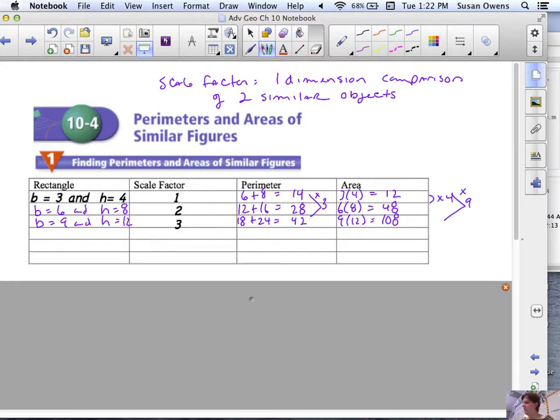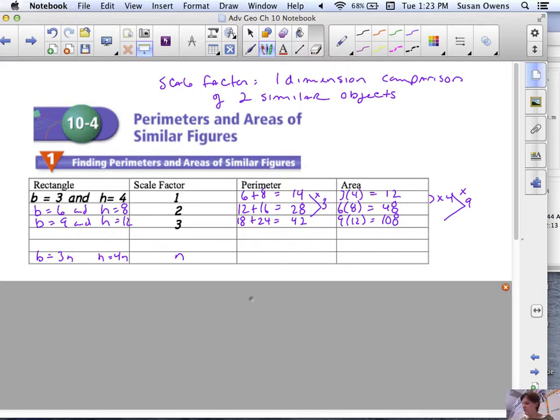So we can come up with a relationship between all of these. If we have any rectangle that has a scale factor of n, well, the length and the width, if it's this 3 by 4, is going to be 3 times the n, and the height is going to be 4 times the n.